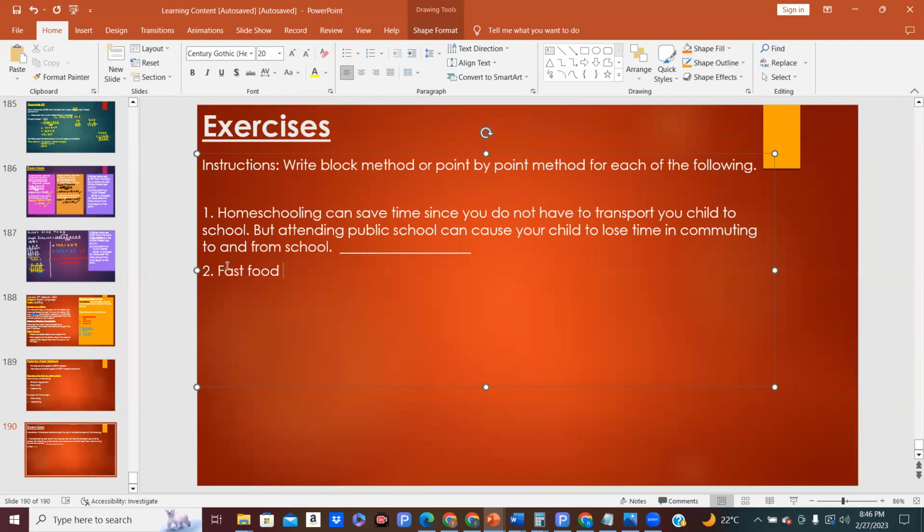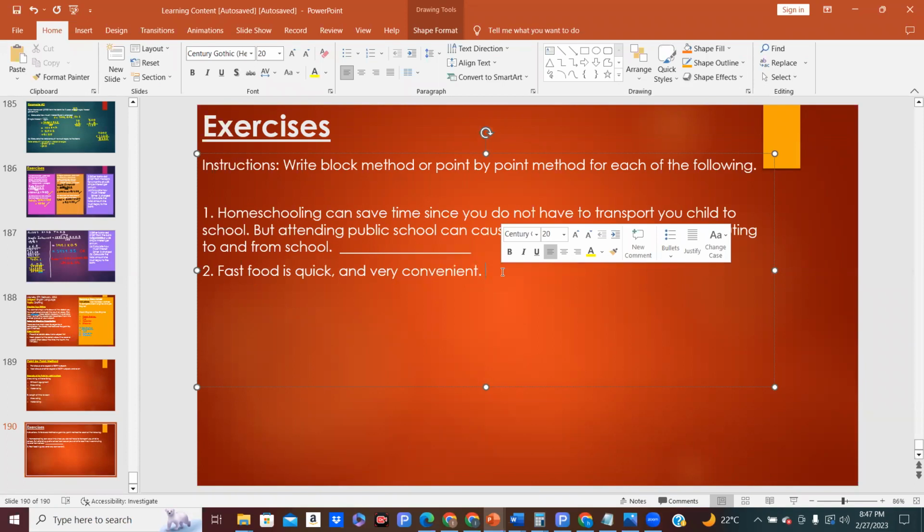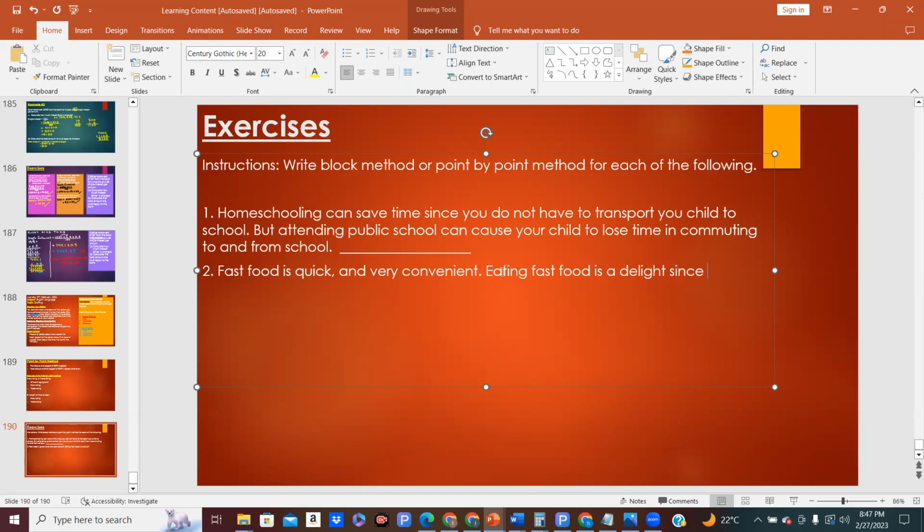Fast food is quick and very convenient. Eating fast food is a delight since you do not have to go through the labor of actually cooking the food.